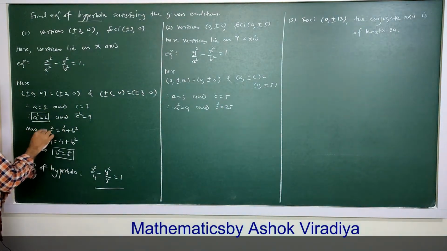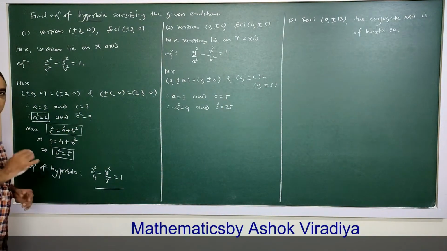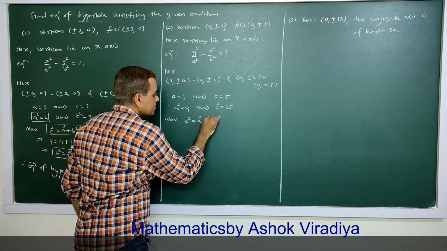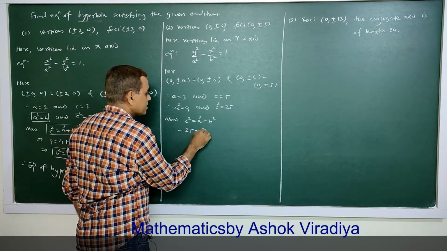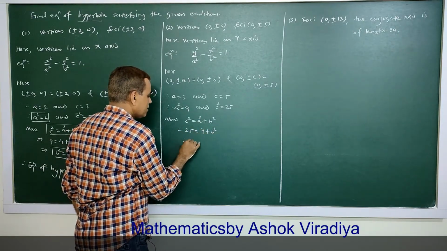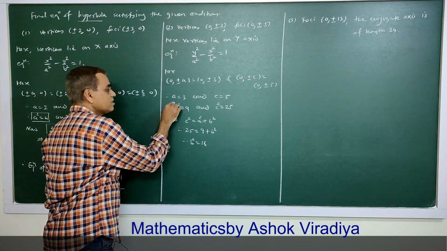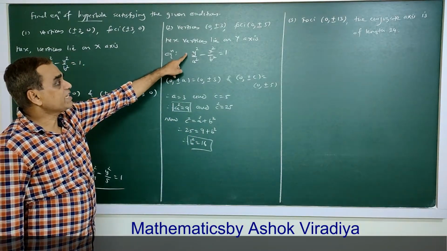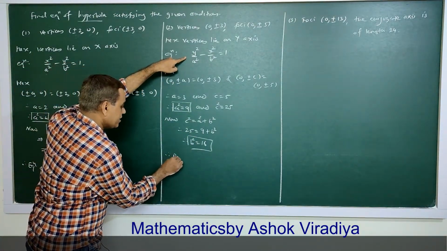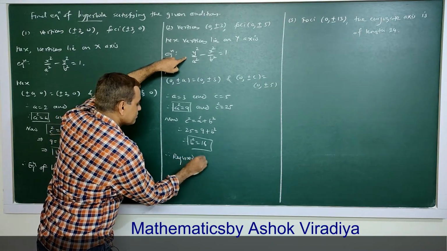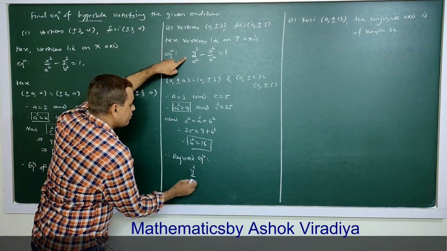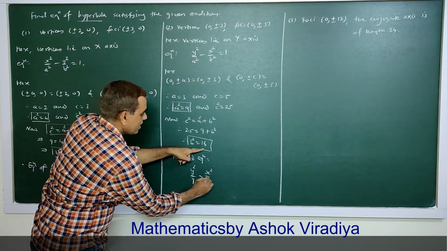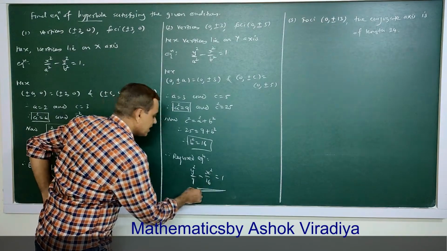Now again we use this result: C square is A square plus B square. So 25 is 9 plus B square, so B square is 16. So A square is 9, B square is 16. These values we now put in the equation. So required equation is y square upon A square minus x square upon B square equal to 1.